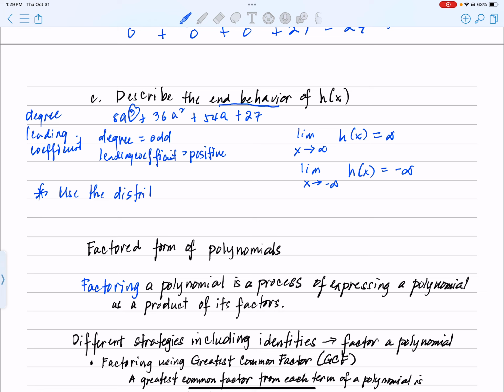So in the example I've shown, we use the distributive property to convert a polynomial in factored form to standard form.